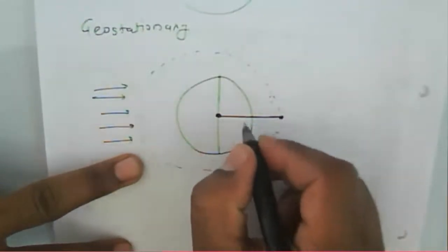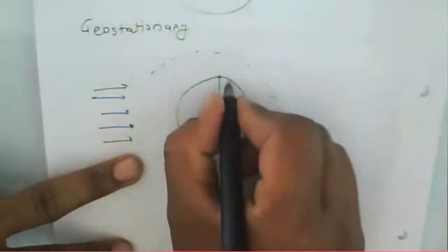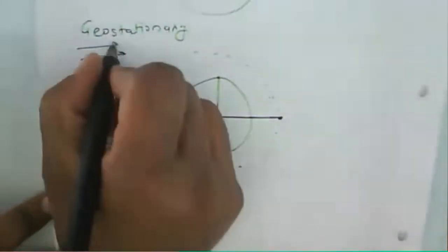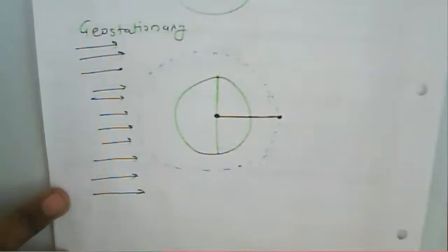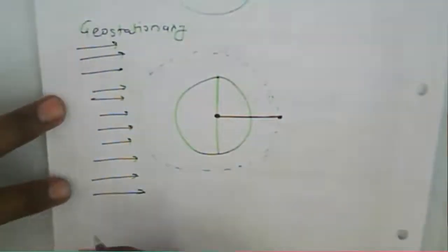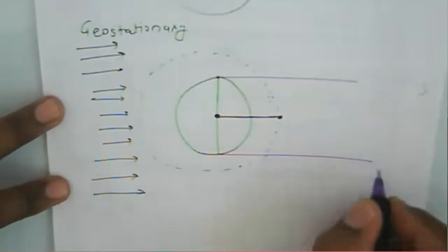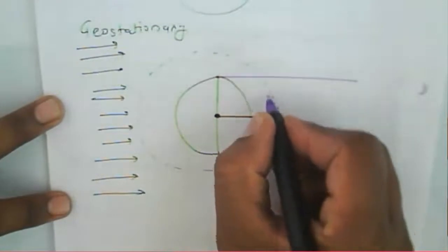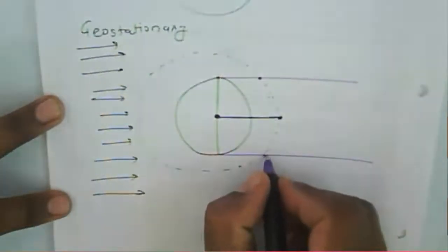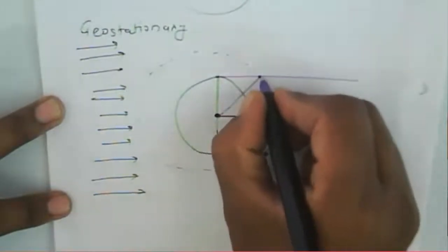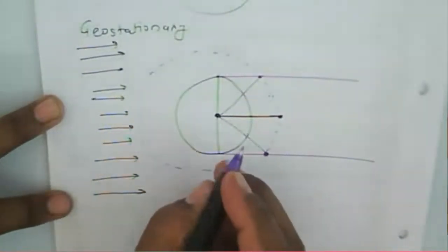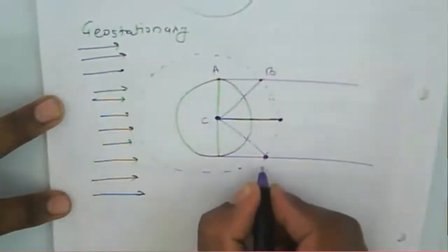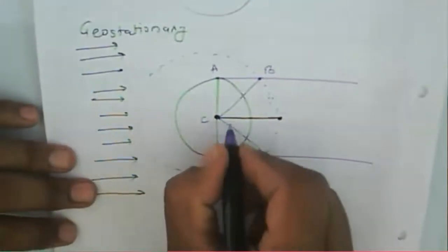Here we have the sun rays, and we consider this particular portion is where the eclipse occurs. So the satellite rotates in this given orbit from that point to this point. We consider the points as A, B, this one is C, and this one is D.